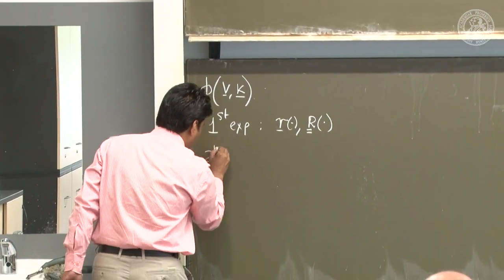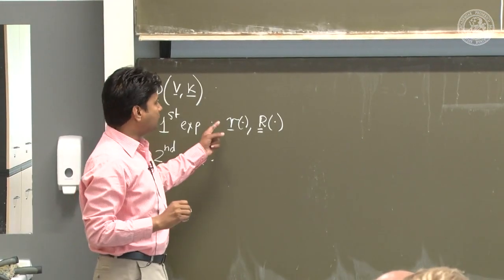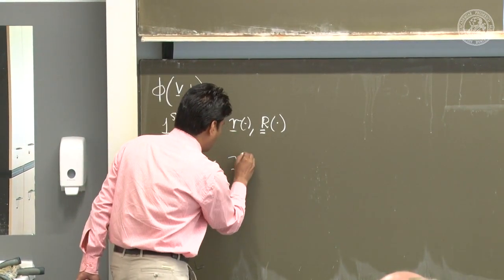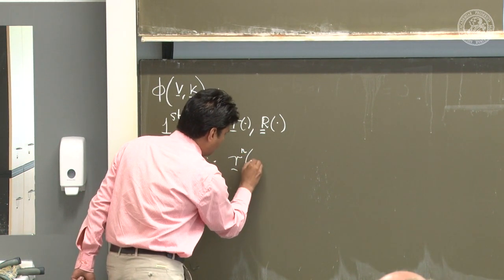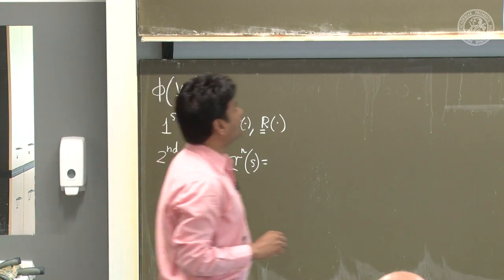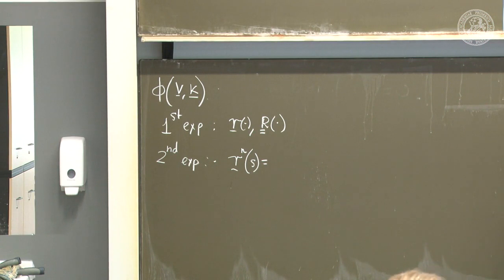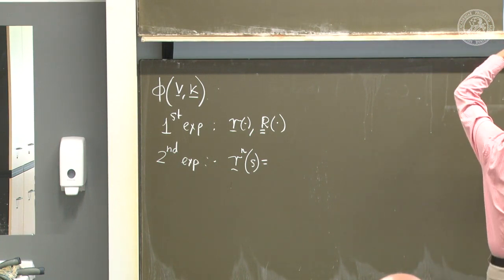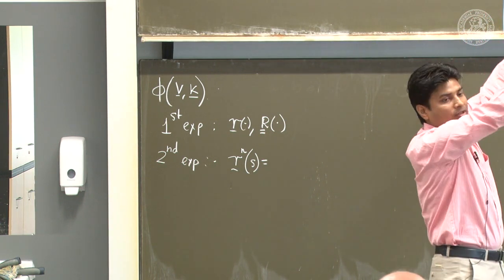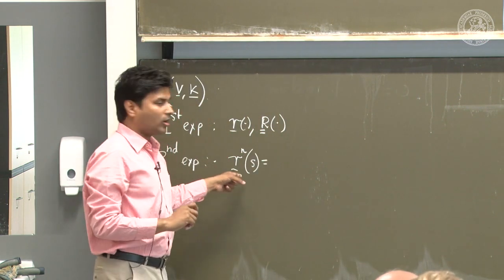But in the second experiment, what will be the new small r? Can you think about it? What will be the new small r, r new of S? So see, what we have done is we have just rotated the beam. Although I wrote it down here, it's actually over there only. It's just rotated about E3 axis, and then we apply the same deformation map. So what will be the new small r?